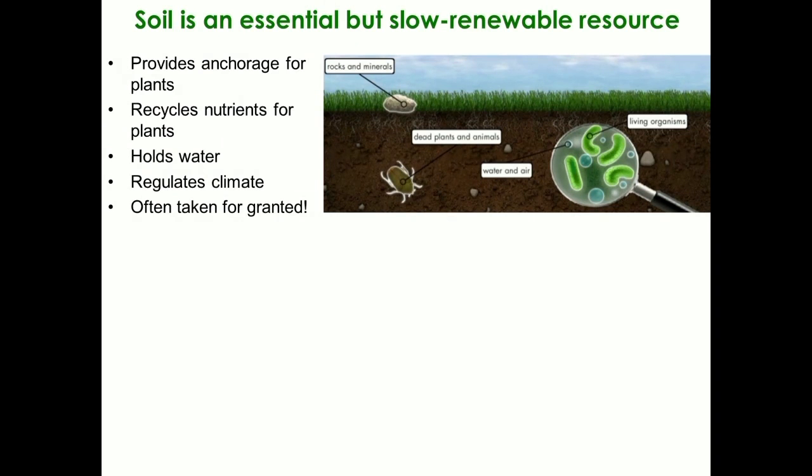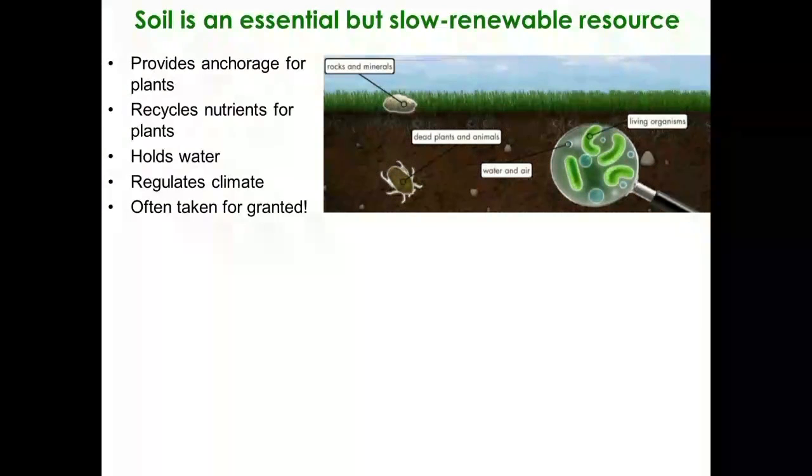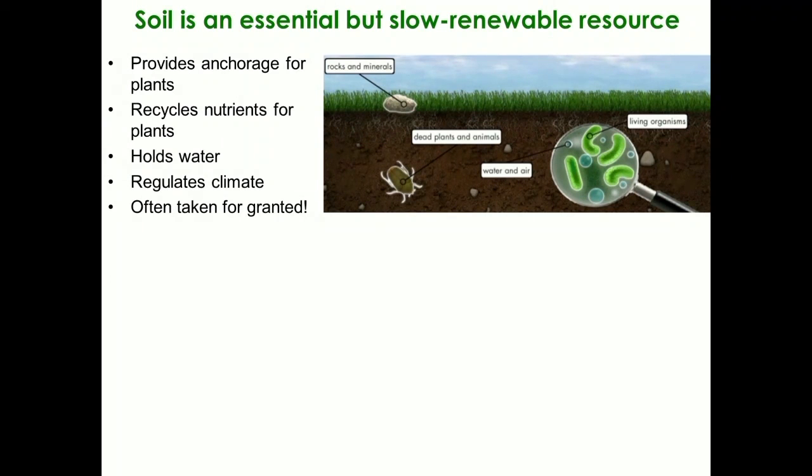So there's a range of invertebrates, insects, earthworms, but particularly a huge abundance of soil microorganisms, both bacterial and fungal, that play essential processes in driving nutrient cycling, carbon cycling, and drive the viability of that soil.